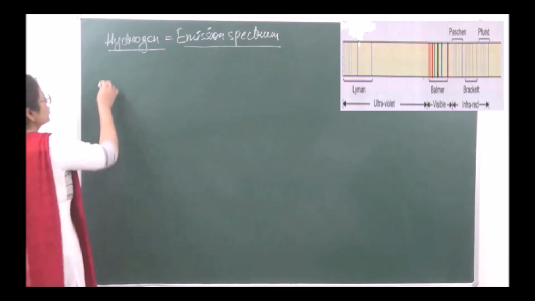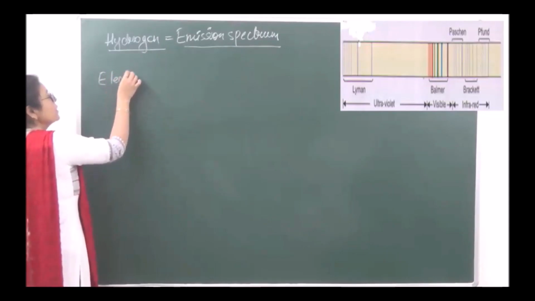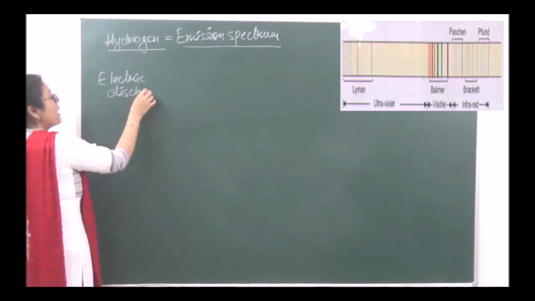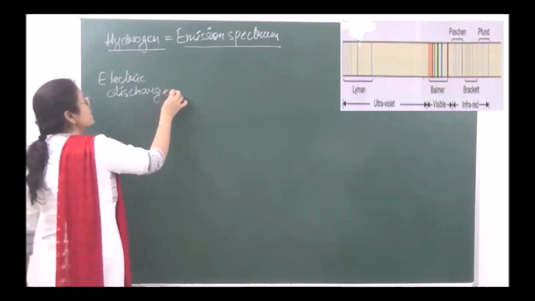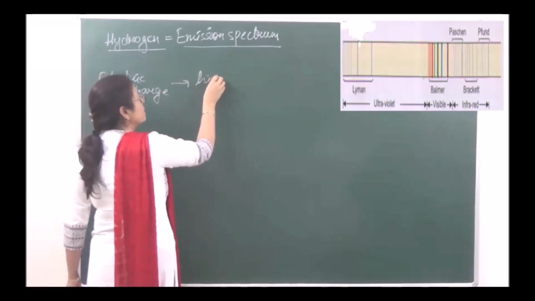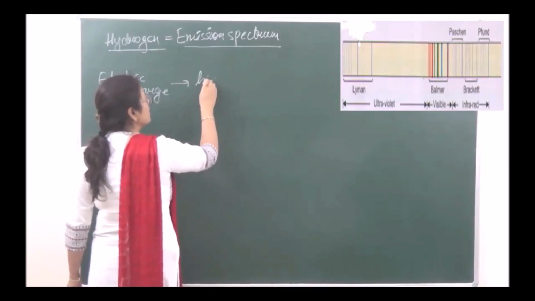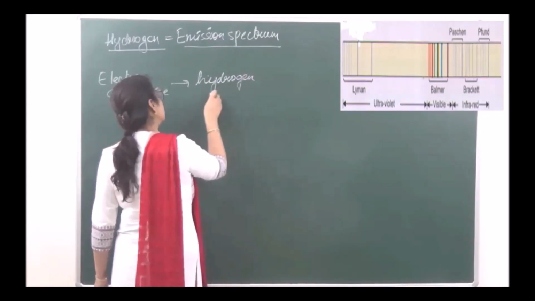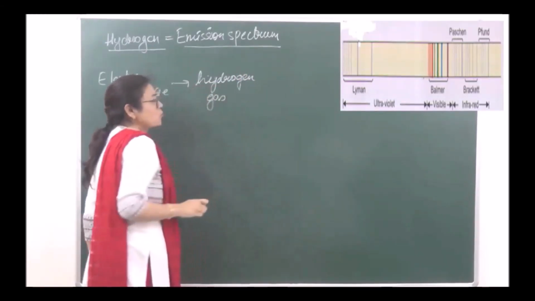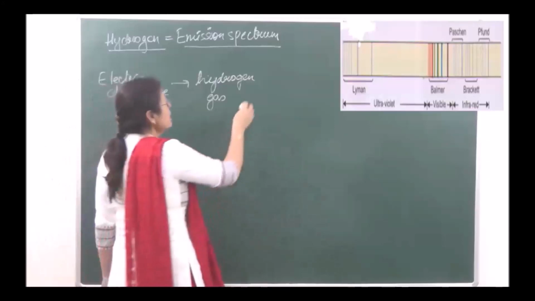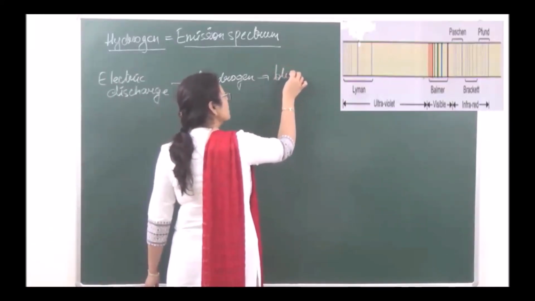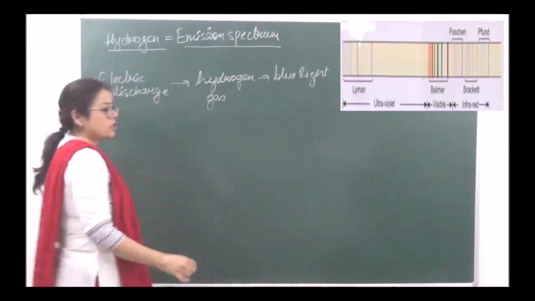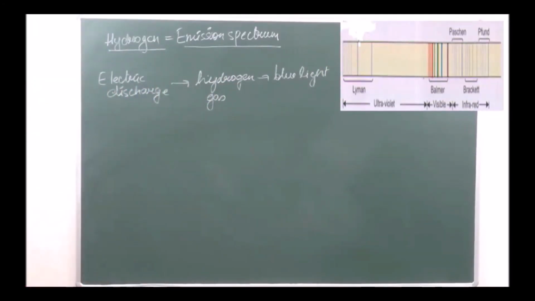Now when we are talking of hydrogen, what we do over here is that we take an electric discharge. This electric discharge is passed through hydrogen gas. And we see a blue colored radiation, or a blue light which is emitted.